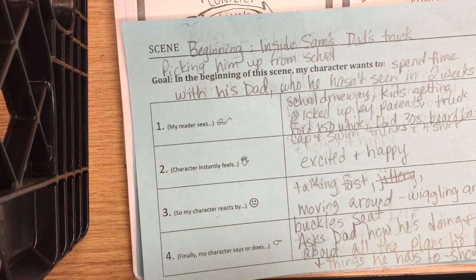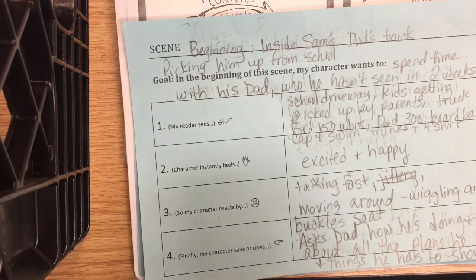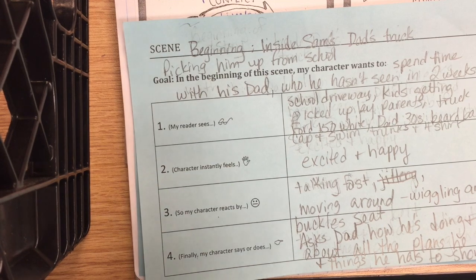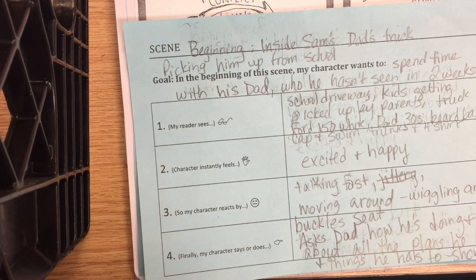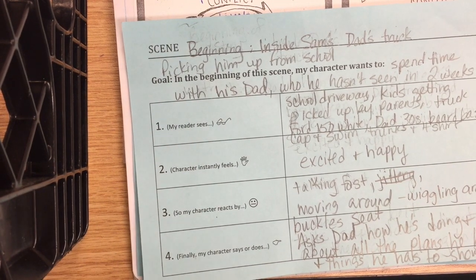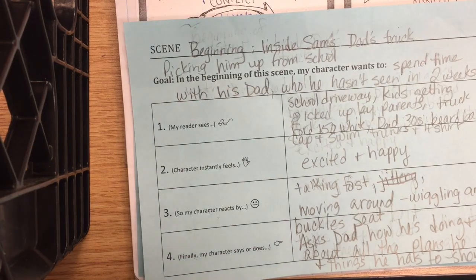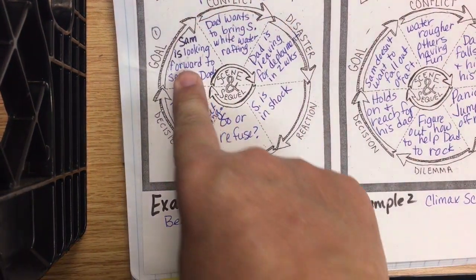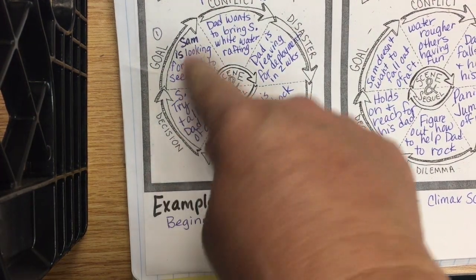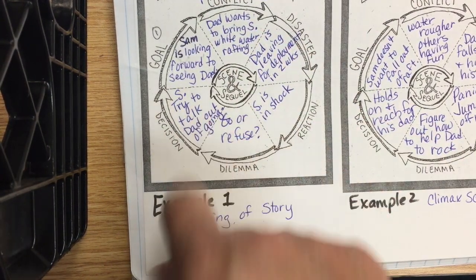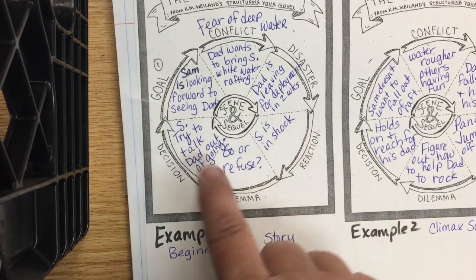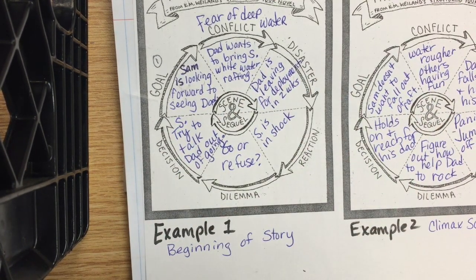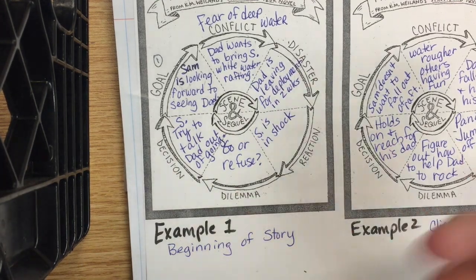And you do that through some snapshots, not too many, just enough to give the reader a hint of where you're at, and then lots of thought shots and that kind of thing, okay? And the MRU unit is perfect for that. Now, we will be doing an MRU, motivation reaction unit, for each of these different things for your scene. And I'll show you the disaster and reaction part, so the next two parts, not tomorrow, but Monday.